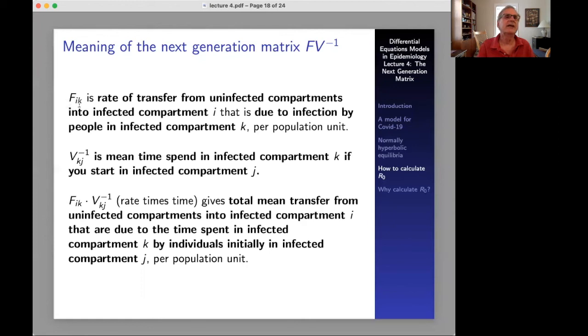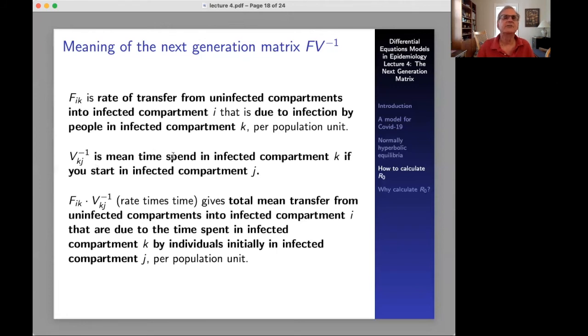What is F Ik, the Ik entry of F? It's the rate of transfer from uninfected compartments into infected compartment I that is due to infection by people in infected compartment K per population unit. It's a rate per unit time. What's V inverse Kj? This is one of the things you would multiply F Ik by when you calculate the matrix product.